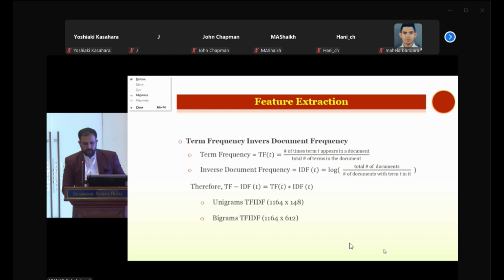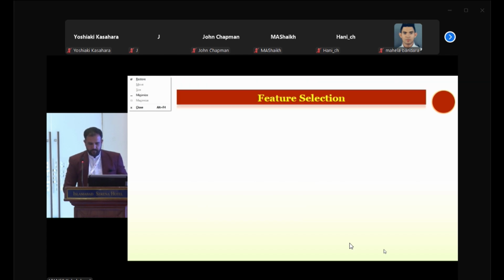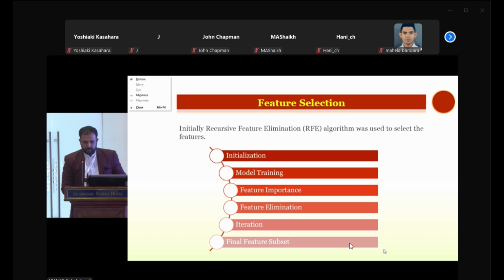After that we have feature selection. In this study we utilized term frequency and inverse document frequency. We utilized two techniques, unigrams TF-IDF and bigrams TF-IDF, so we have two different datasets based on unigrams and bigrams. Then we performed feature selection.